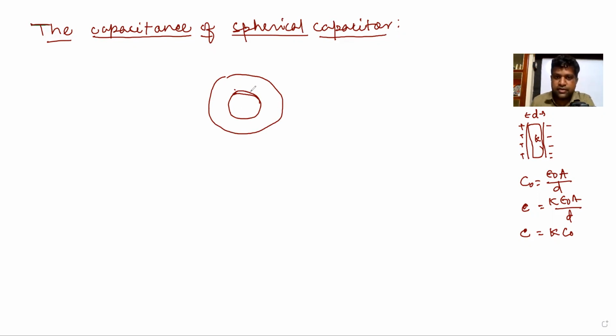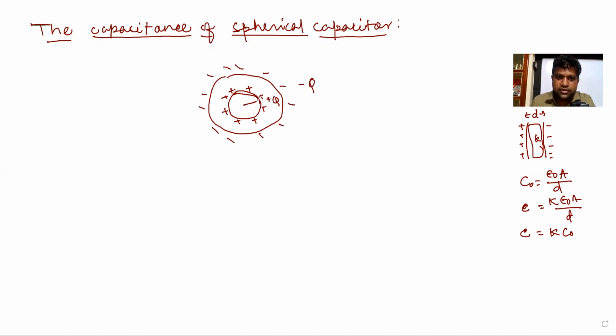Some insulating stand may be there to hold it. Let's say the inner sphere is positively charged, with charge plus Q. The outer sphere is negatively charged by an equal amount, minus Q.